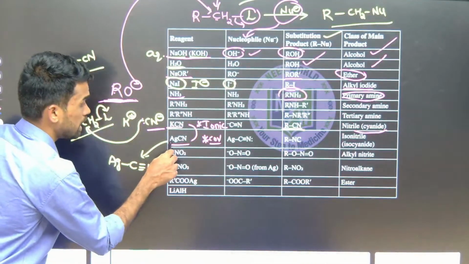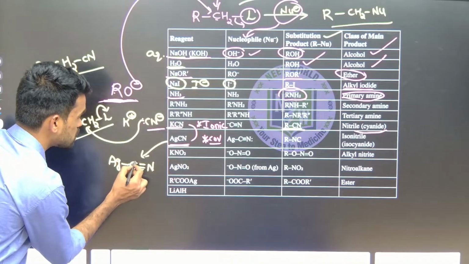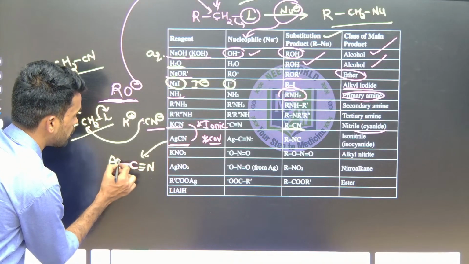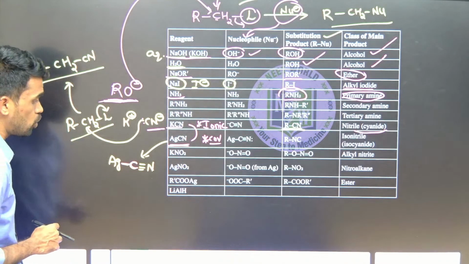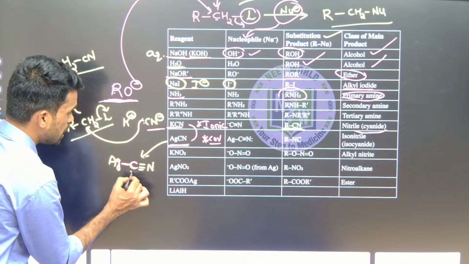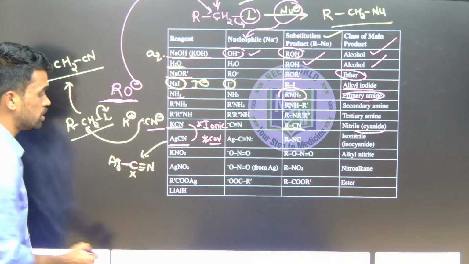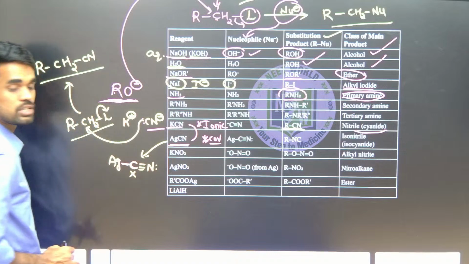But if you take AgCN, the carbon is not free here, it is already combined with the silver through a covalent bond. So our carbon is not the reactive site here, nitrogen will be our reactive site in the reaction.